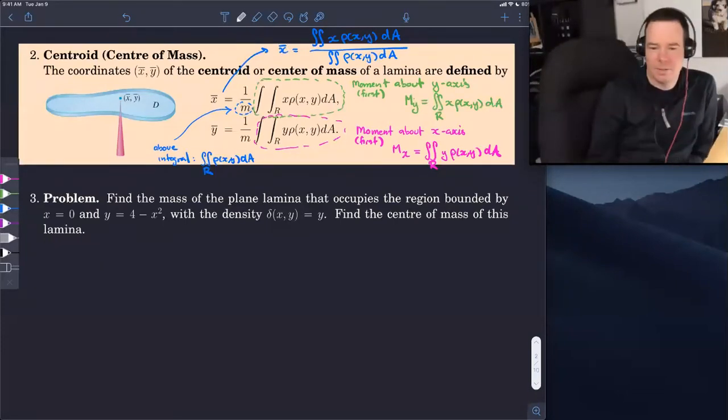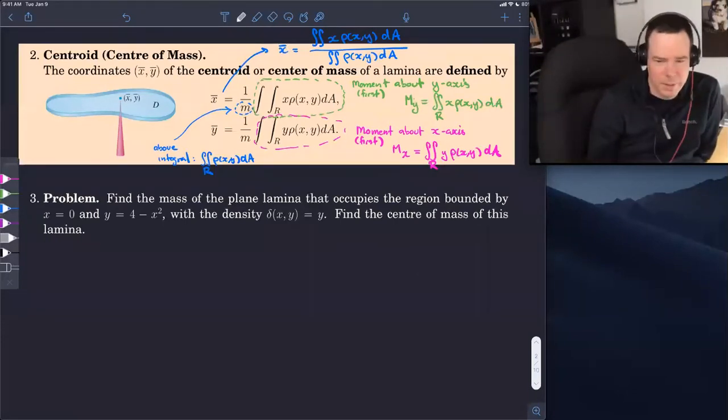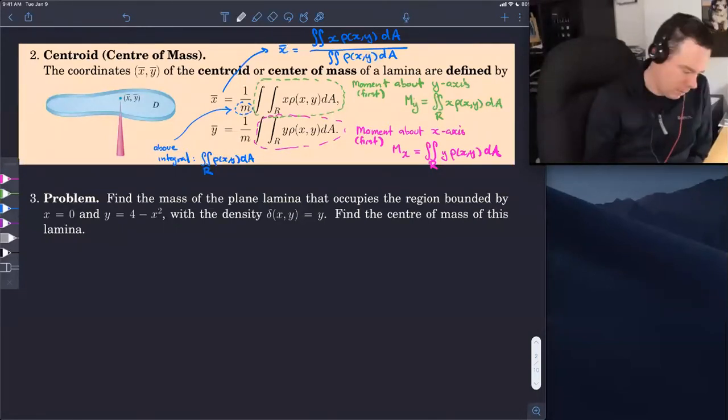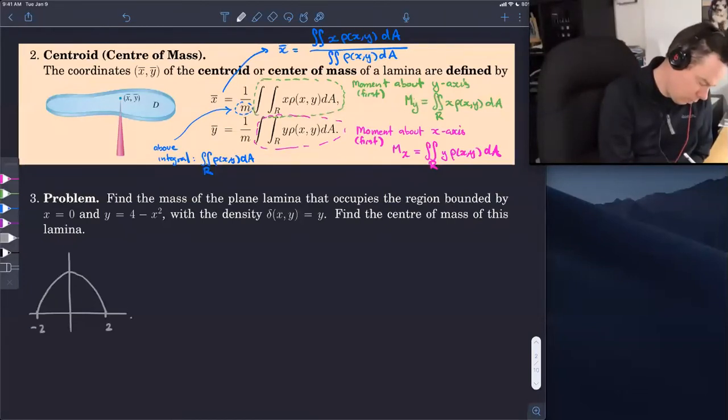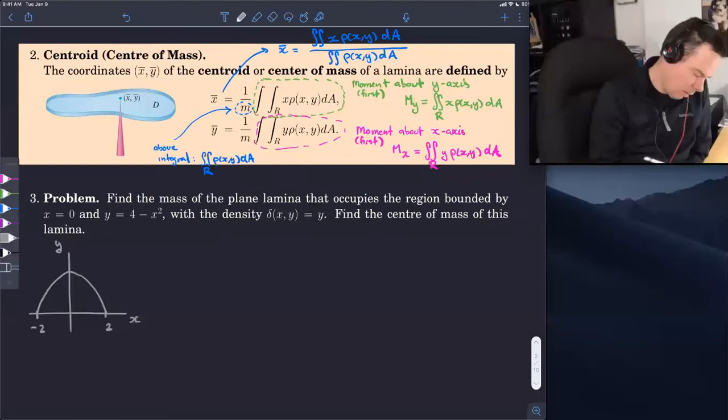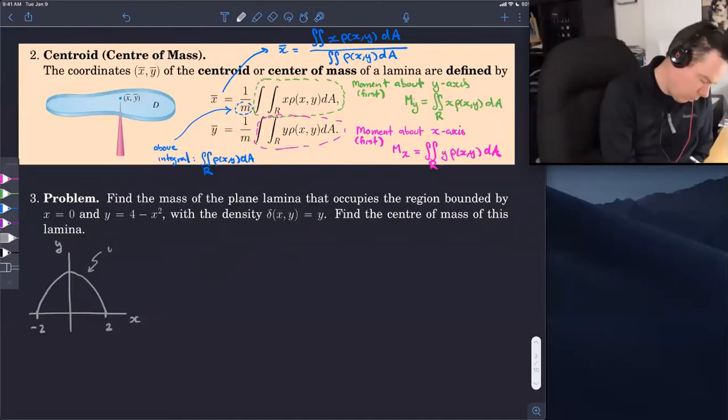All right, so let's have a look at this problem. Find the mass of the planar lamina that occupies the region bounded by the x-axis and this parabola that's flipped upside down. So let's sketch the parabola first. It's going to be a parabola that looks like this, which has our x-intercepts of -2 and 2. And so that's our y equals 4 minus x squared.